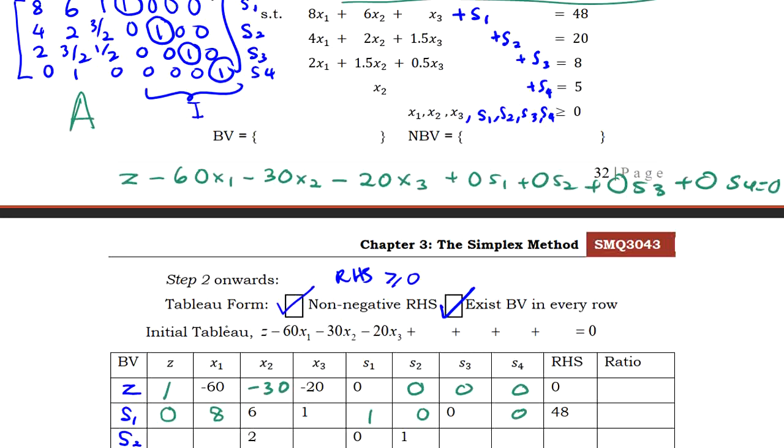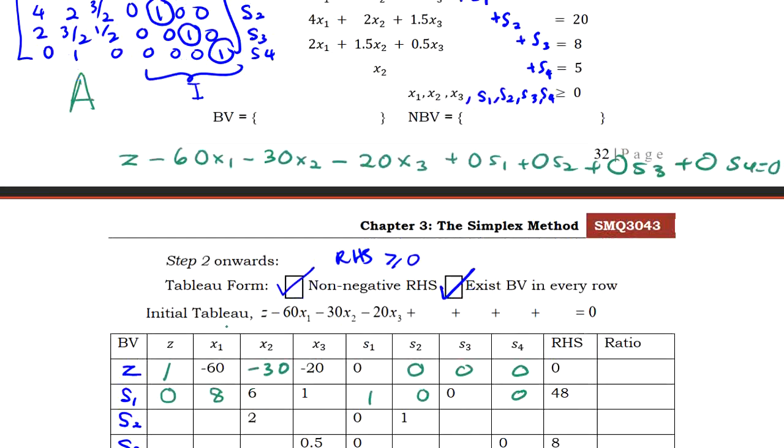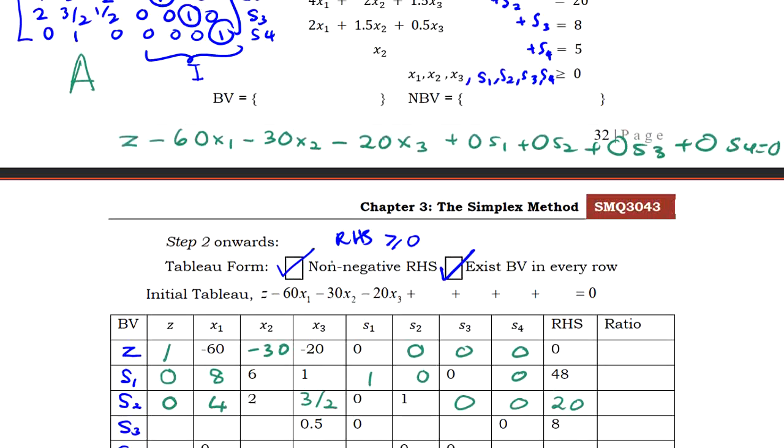Next, 0, 4, 2, 3 over 2, and then 0, 1, 0, 0, 20. Third constraint, 0, 2, 3 over 2, and then we have 1 over 2.